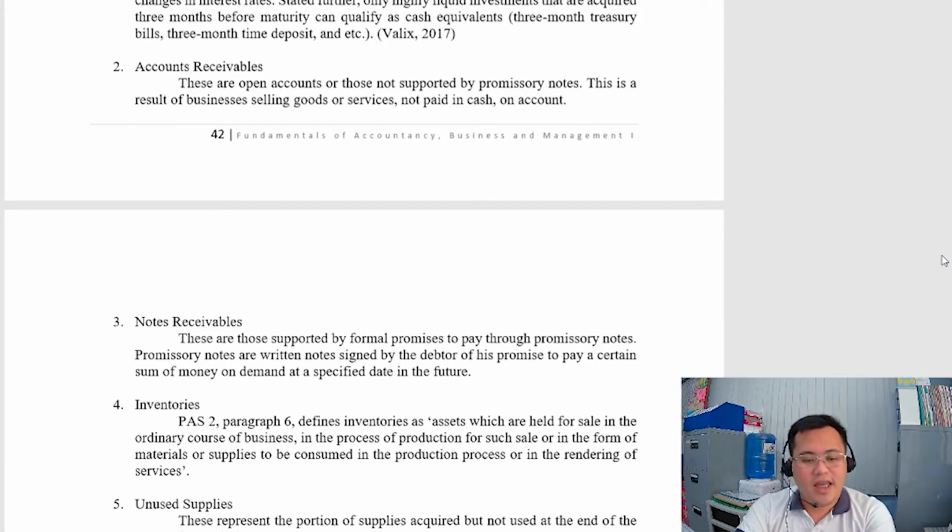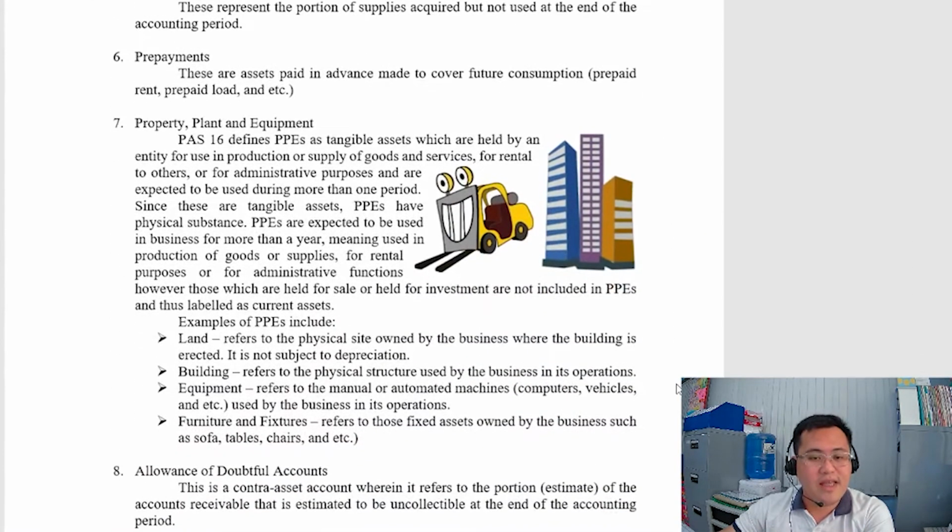Okay. Next, we have unused supplies. Unused supplies represent the portion of supplies acquired but not used at the end of the accounting period. Example, you purchased 10 reams of bond paper on November 30, 2020. And then here comes December 31 of 2020 because we will have to close the books.